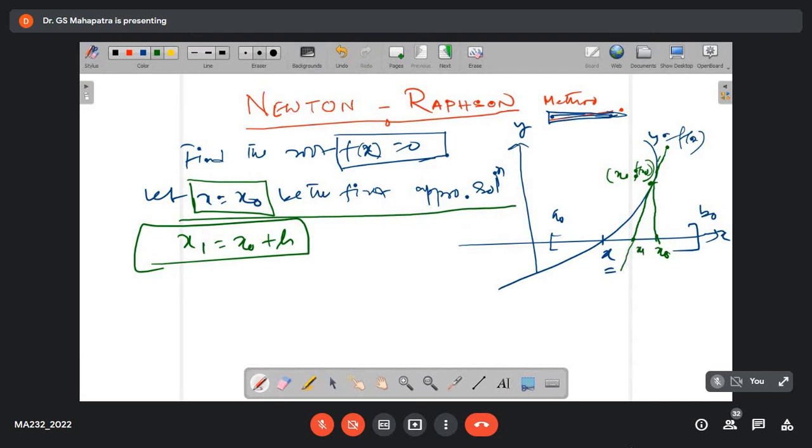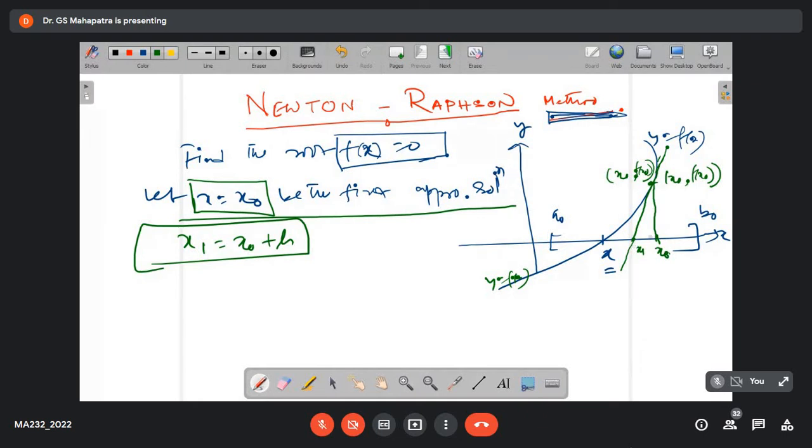So this is the new solution x1. How are you getting that x1? At x0 comma f of x0, you have to draw a tangent of this curve y equals f of x, and that tangent crosses the x-axis at x equals x1. That is the new solution.